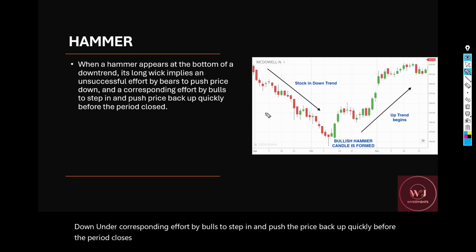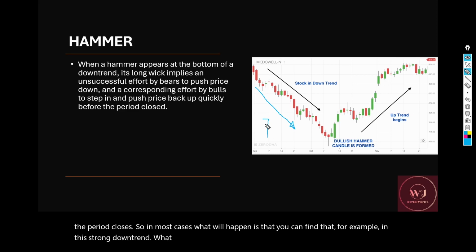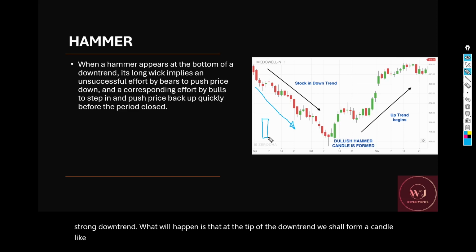So in most cases, for example in this strong downtrend, at the tip of that downtrend we shall form a candle like this. But before that candle closes, the bulls will run into the market and push the price away from where it is right here.